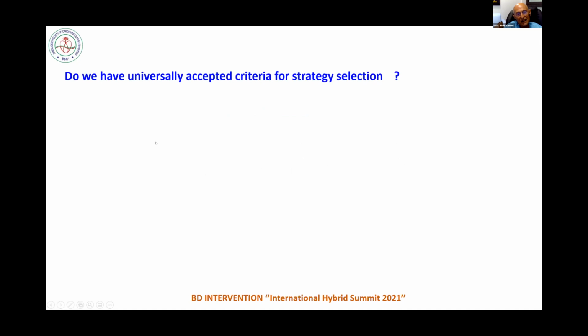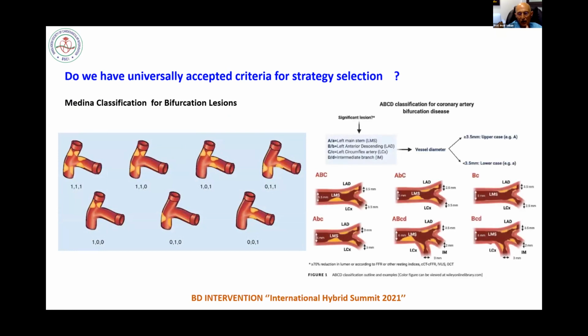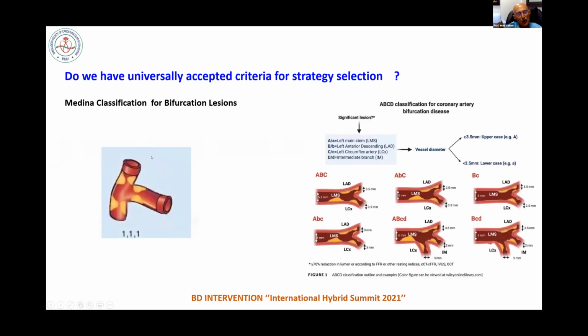So the second question: do we have universally accepted criteria to select the right strategy? Well, we have some classifications. We know that there are recent ones like this ABCD, but we are still based only on the distribution of plaque in order to have some idea about the complexity of the bifurcation.